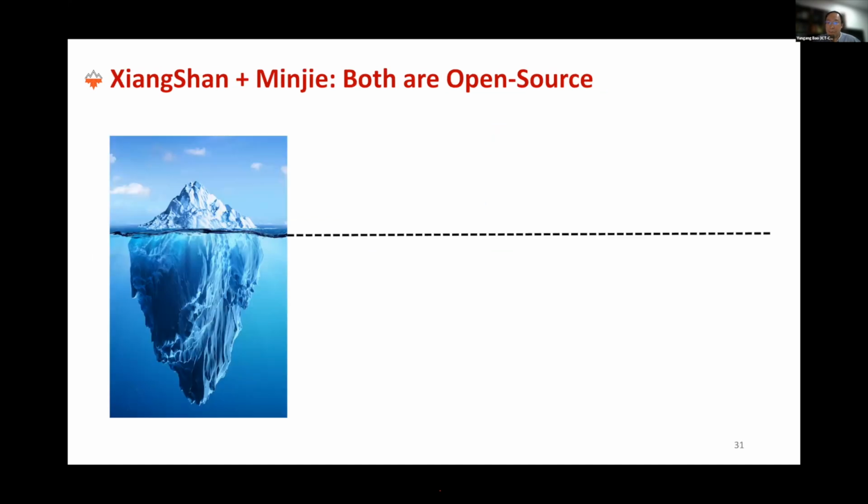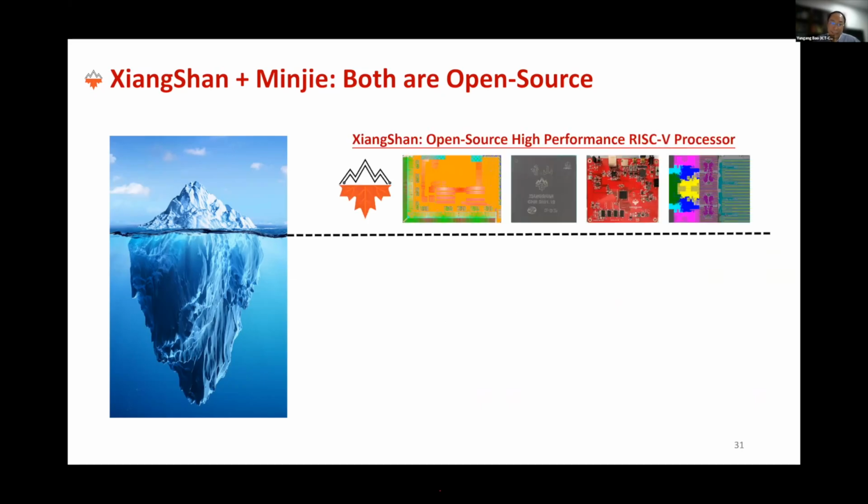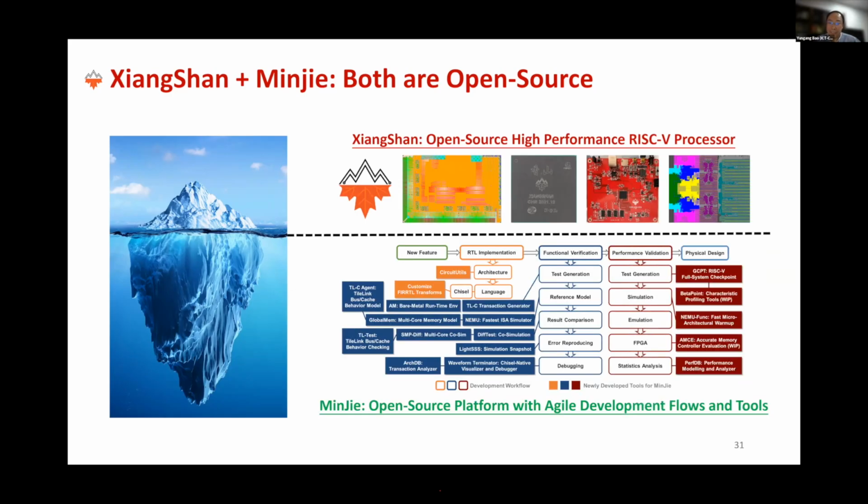We want to emphasize that both Xiangshan and the infrastructure, which we call Mingjie, are open sourced. This is just the iceberg. We consider that the above-water part is Xiangshan, and the underwater part is the Mingjie framework. Both are open sourced.